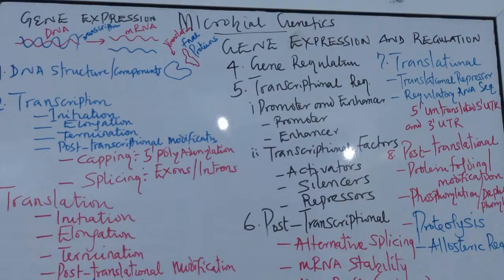It is at termination that the RNA polymerase gets to a terminator sequence. I gave you examples of the set of codons that are used as a stop codon, or what you call a termination. That is where transcription is going to end.